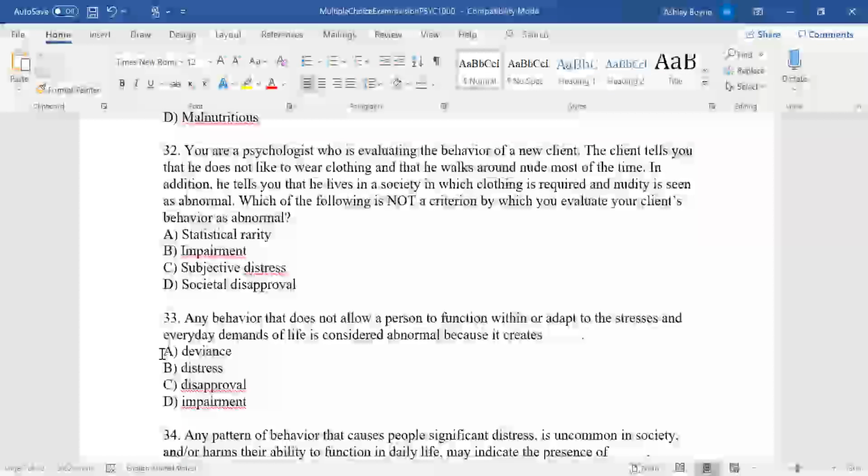Okay, so for number 29, seeing a lot of answers, but the actual answer is B, social facilitation. So social facilitation is what happens when people show an increased level of effort or better performance as a result of the real or imagined or implied presence of other people.